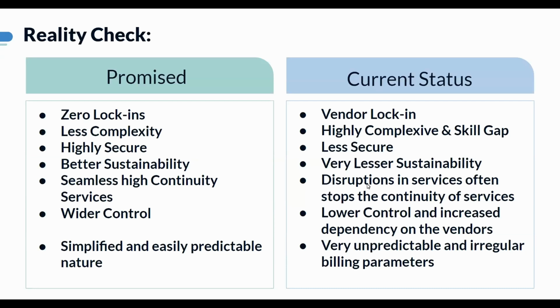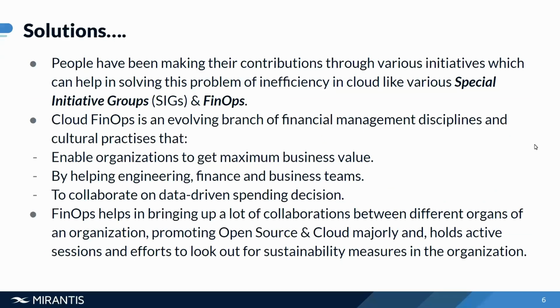So the billing parameters, and various other organizations and groups like FinOps, have been coming up to tackle this unpredictable nature, or the irregular billing parameters, of the whole cluster type. So yeah, that's not a really great thing that we've been showing at the moment. So what are the solutions for this?